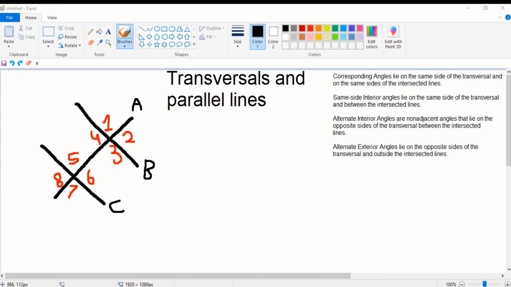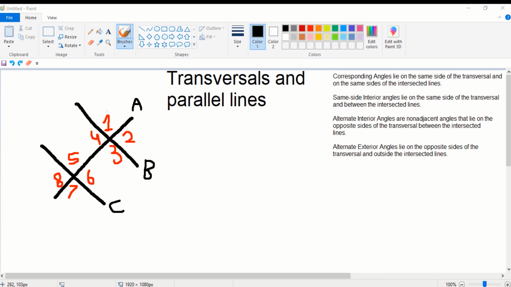Okay, now let's do the corresponding angles, same side interior angles, alternate interior angles, and alternate exterior angles. So first let's start with corresponding angles. Corresponding angles lie on the same side of the transversal and on the same sides of the intersected lines.